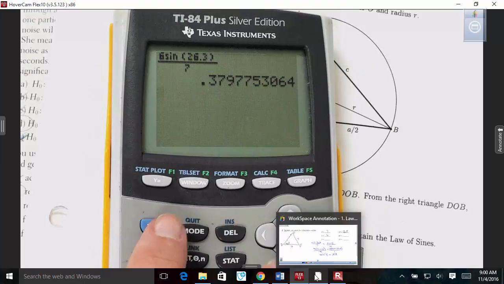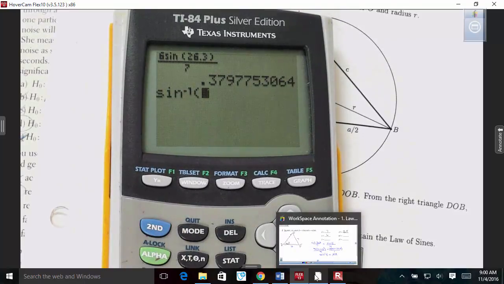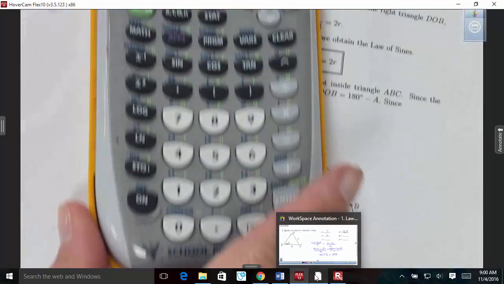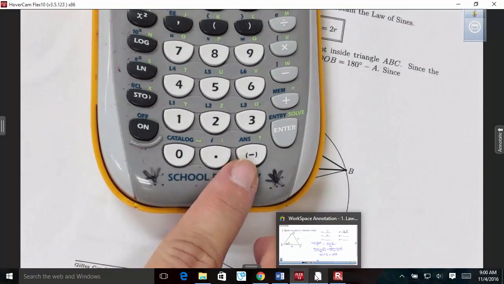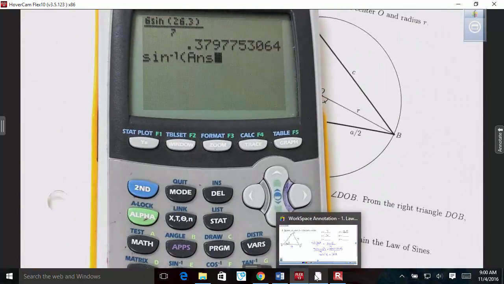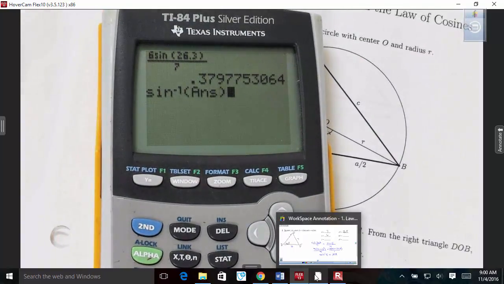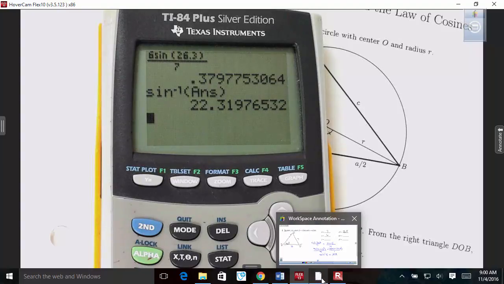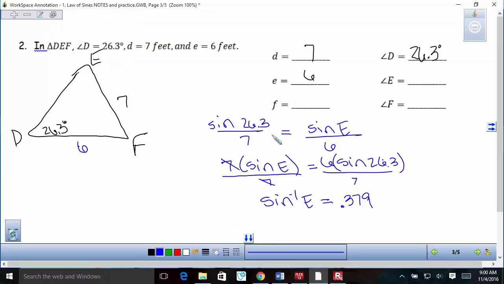And then do second sine, the little -1 button, and then second answer. That answer button is right down there above the negative. It's taking the inverse sine of that answer. 22.3 degrees. If you are finding an angle, you must use the inverse button. 22.3 degrees for angle E.